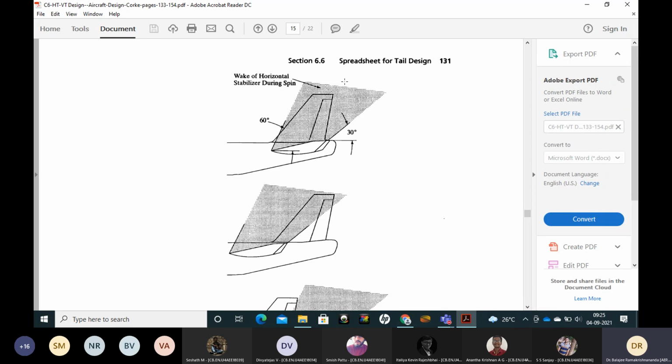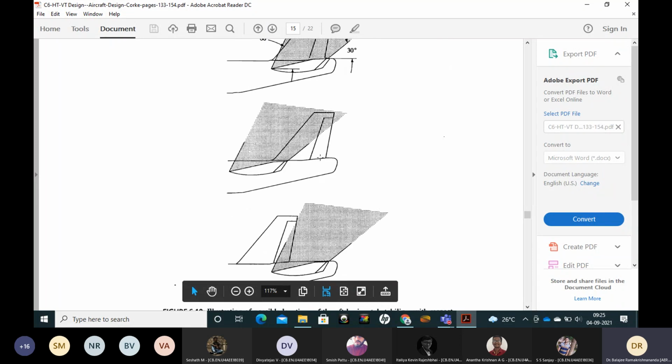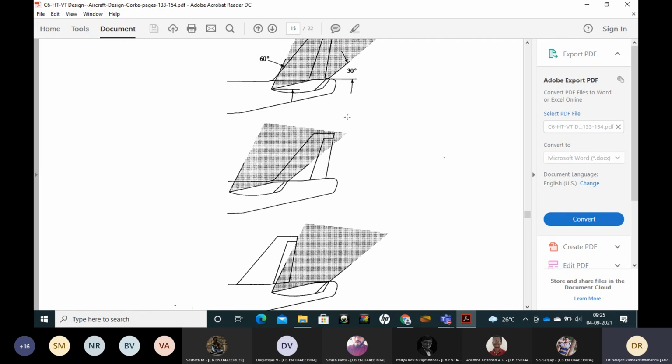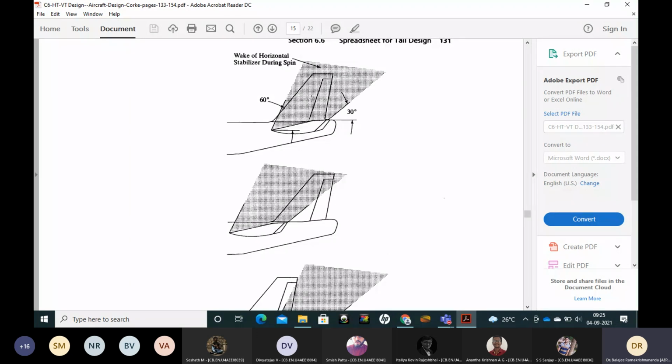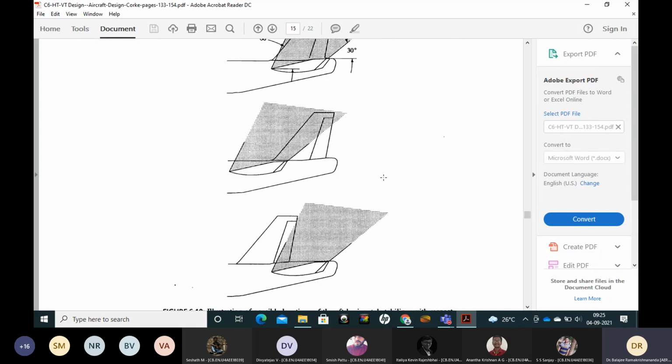That will be the extent of the wake. In the first figure, the whole of the rudder and horizontal tail is in the wake. This is very dangerous. Either you move the horizontal tail forward so that this wake doesn't affect most of the rudder, or you can move the vertical tail backward.